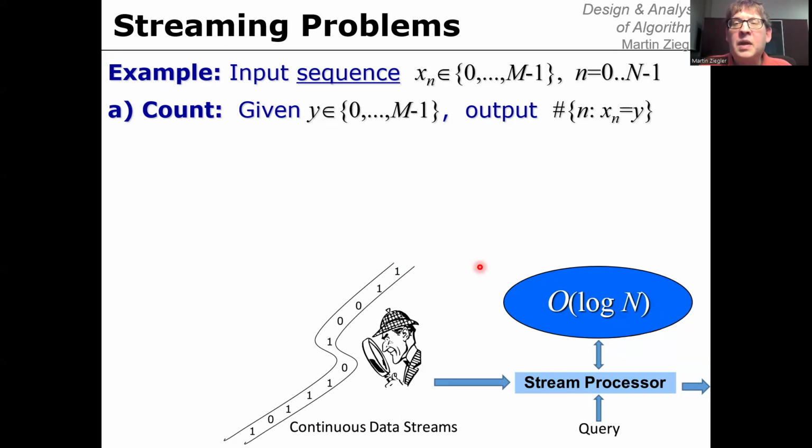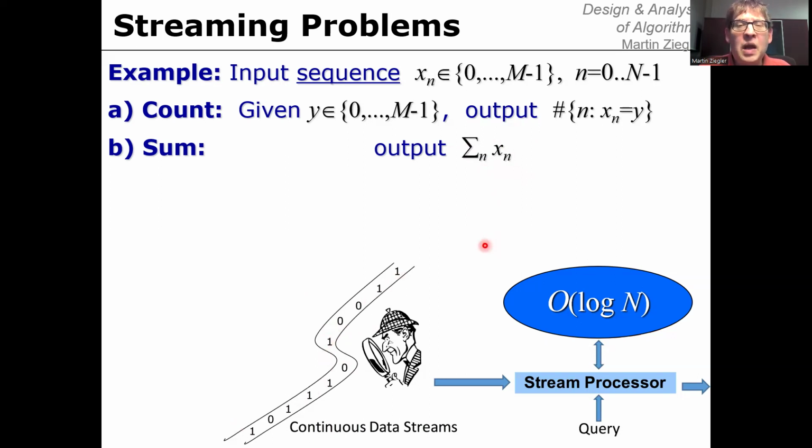Now let's consider a variant of this counting problem, namely the sum problem. In the sum problem, we're asked to calculate the sum of all entries in the stream. And again, this can be done using a simple accumulator that stores the partial sum, and whenever the next entry comes up in the stream, we add that to the accumulator. So this streaming algorithm also suffices with one pass.